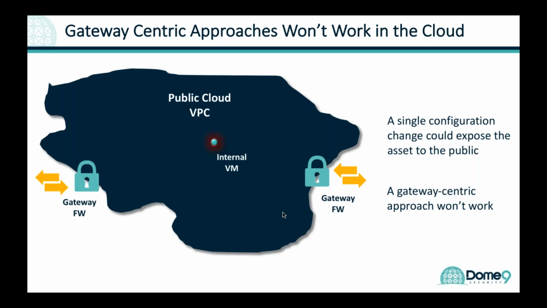For example, your database instance may be part of a security group, and if you accidentally go and change a security group configuration, all of a sudden that internal server is now sitting on the public internet and accessible to everyone, right? This essentially makes the network perimeter a lot more fluid in cloud environments. And this is one of the reasons why some of the traditional mechanisms like gateway firewalls or using routers to define traffic flows and so on don't work in the public cloud.